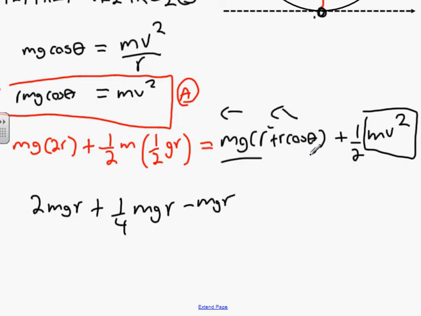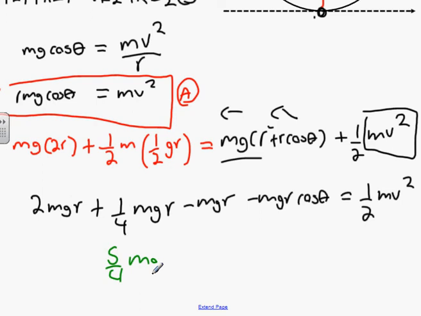That's going to become a minus mgr cos theta, and that's still going to be a half mv squared. Now, 2 plus a quarter minus 1 is 1 plus a quarter, which is 5/4 mgr minus mgr cos theta equals a half mv squared.